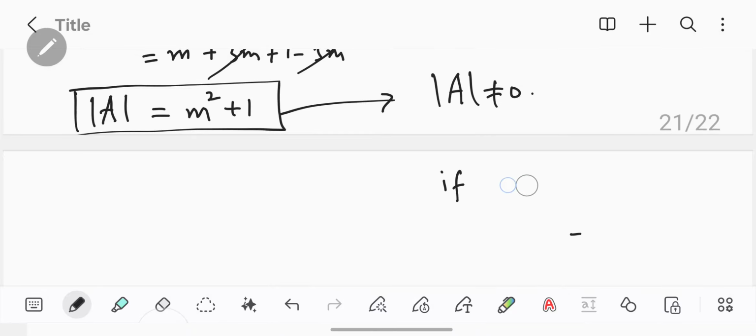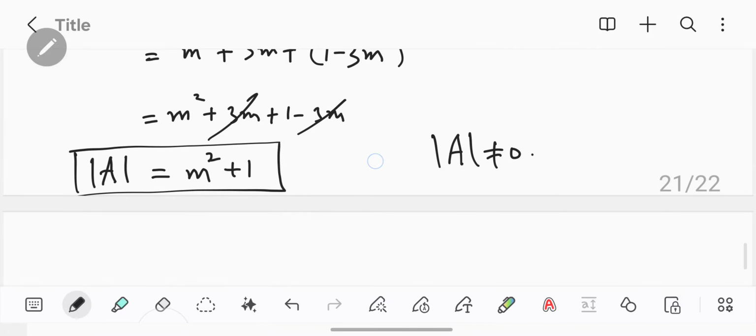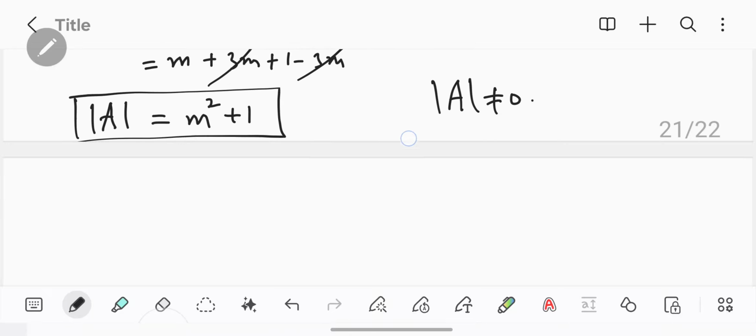So this cannot happen as long as we are in the real line. So this guarantees that the determinant cannot be 0 as long as we are in the real system. So we are okay with that. The determinant is not equal to 0, so Cramer's rule will work. In other words, the system has a unique solution. We can use Cramer's rule.